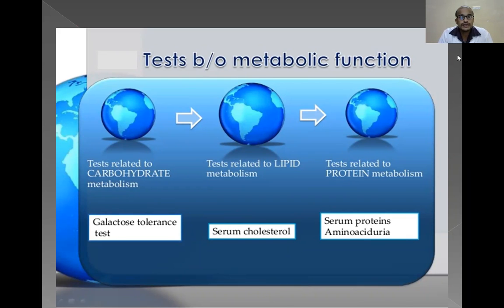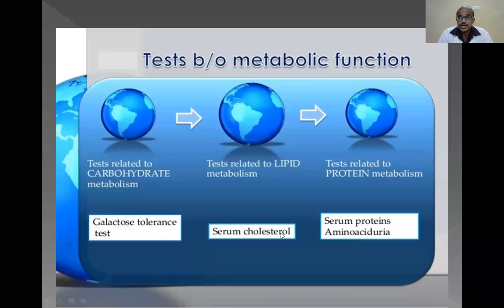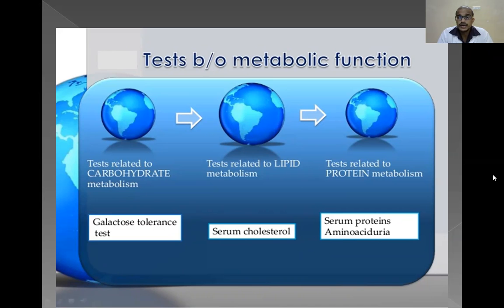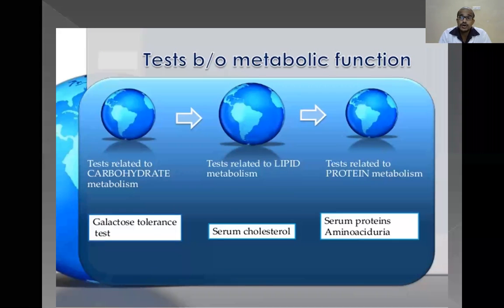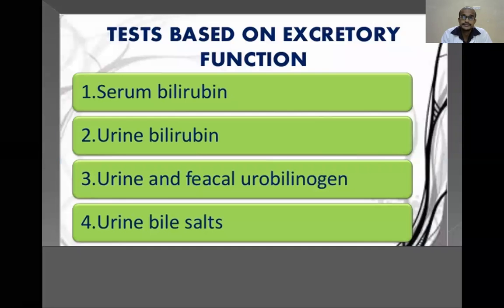In the case of the liver, for assessing the metabolic function, we will be using the galactose tolerance test, by which we can assess the carbohydrate metabolism, and the serum cholesterol, by which we can assess the lipid metabolism, whether it is occurring normally or not. Protein metabolism can be assessed by estimating serum proteins and amino acids in the urine. By all these, we can assess the metabolic function of the liver.